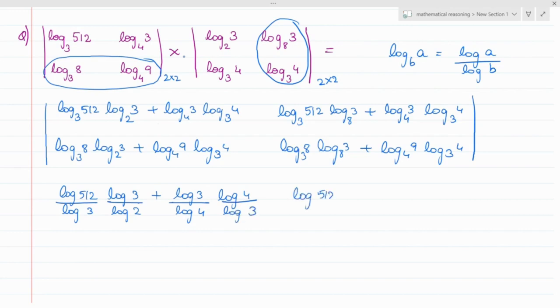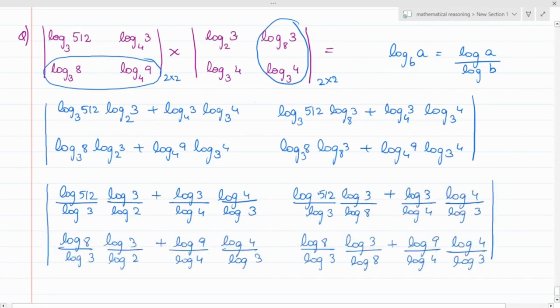Similarly, do for all the remaining elements over here. Cancel a few terms. Log 3 gets cancelled. Here log 4 and log 3 also get cancelled. Similarly, here log 3, log 4, log 3 and log 4. So just simplify the remaining elements.